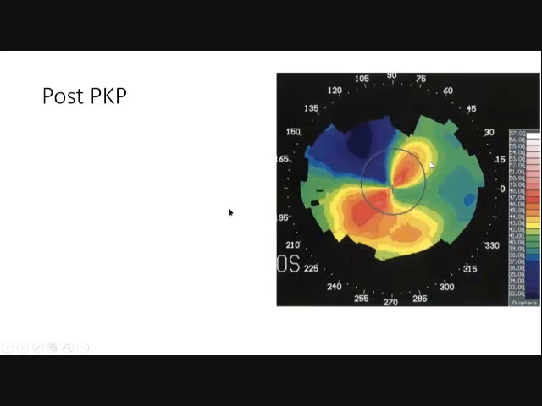So what about this one? Where are the warm colors? 45 degree and 210 degree. Good. 220. So the 230 degree meridian is steeper. So you will need to remove more sutures from this quadrant than from this quadrant, because this is steeper.